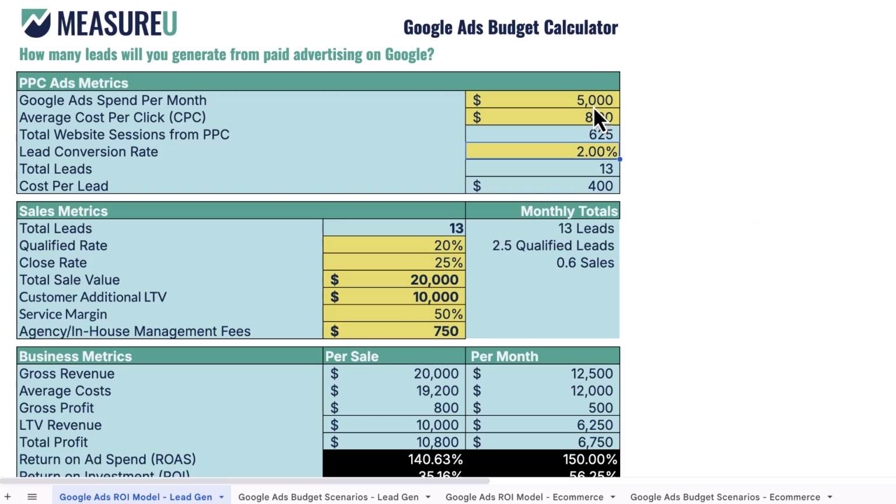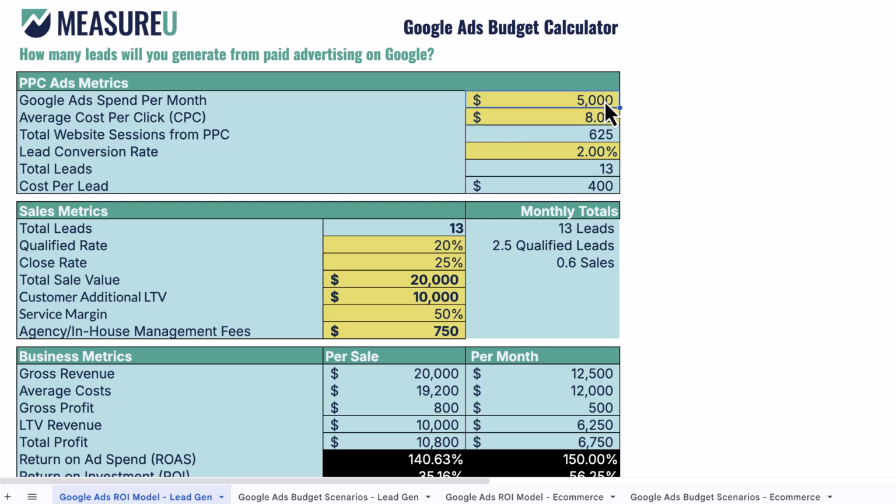If you want to know the right way to get people to buy in, how much traffic we need, or how we lower our cost per click, that's what we teach on the advertising side of Measure U. So we have you covered if you want to learn how to get all these numbers in place and optimize them. But you don't need to learn any of that to use this calculator. You can start using it right away.